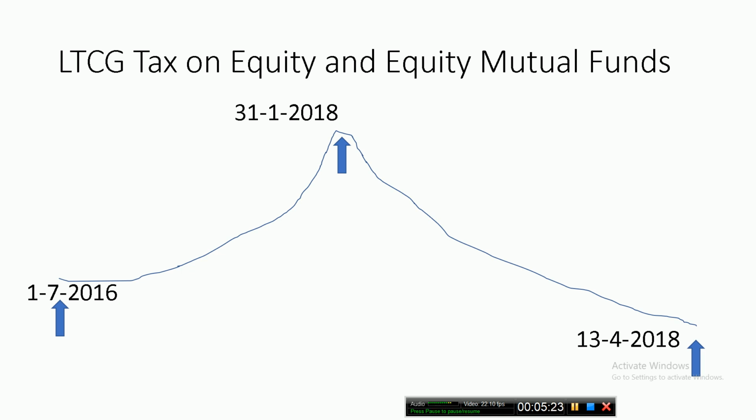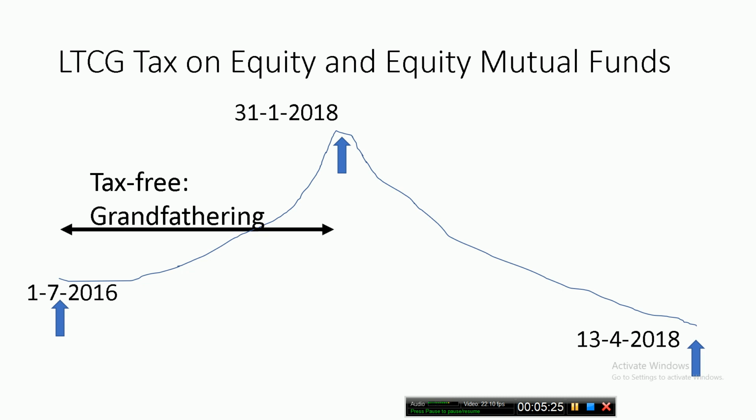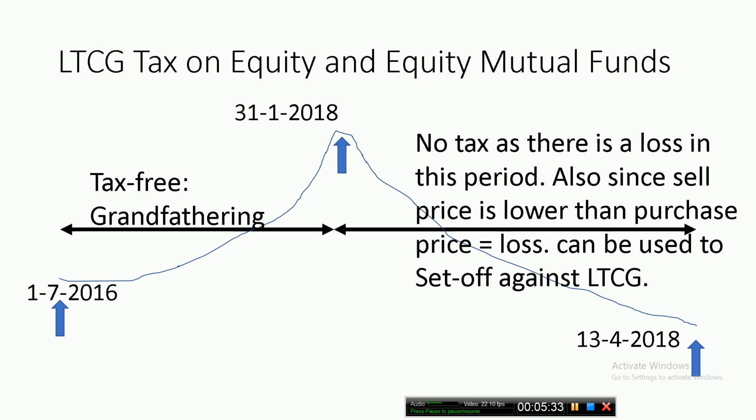So again, if you calculate, the profit between January 31st 2018 and July 2016 is tax-free because of the grandfathering rule, and then between April 2018 and January 2018 there is no profit, there is a loss, therefore there is no tax to be paid in this situation. Also, there is one more advantage. If you look at the price on the day you sold, in April 2018, this is lower than the price when you purchased. Therefore, there is a net loss in the transaction.